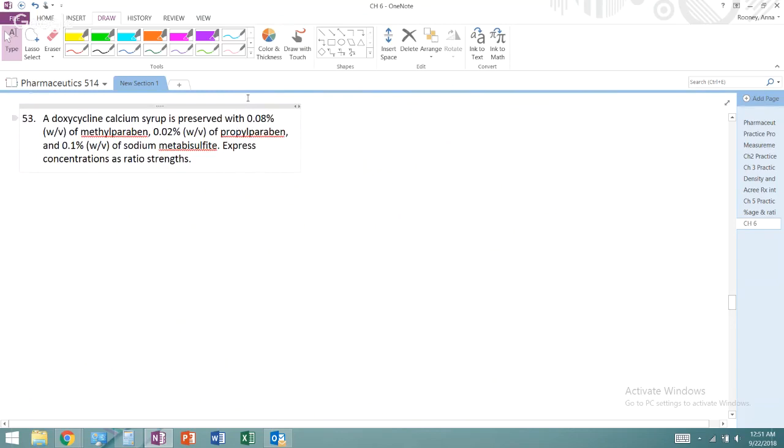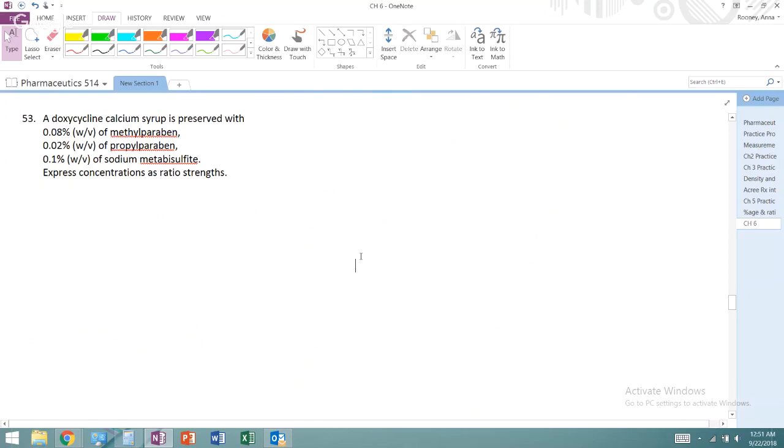So I'm going to lay this out a little bit better. We have 0.08%. Then you divide both sides by 0.08.